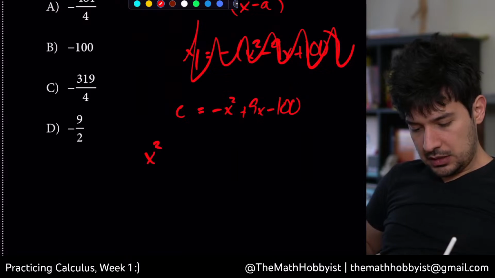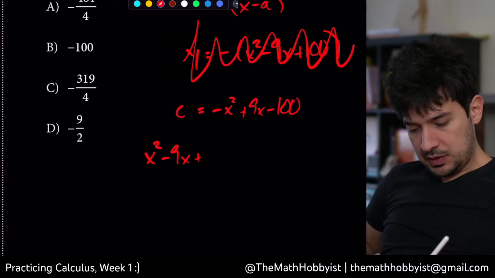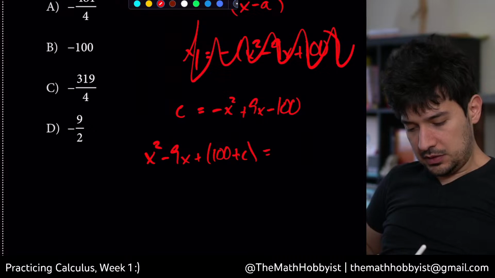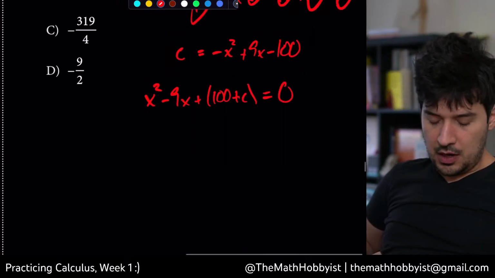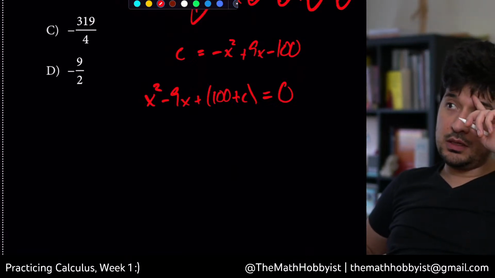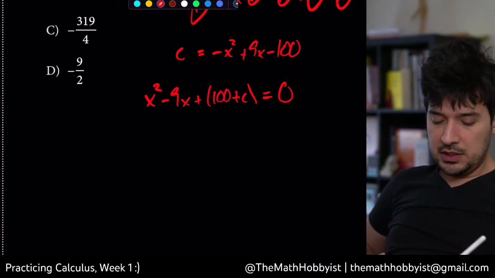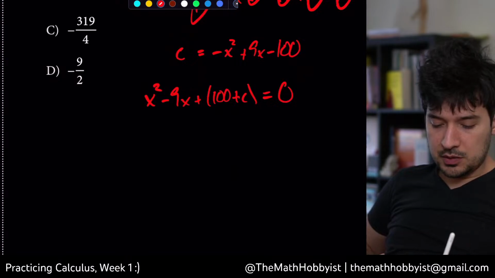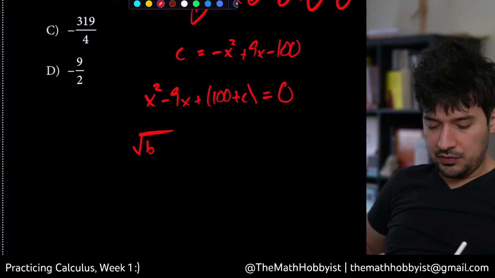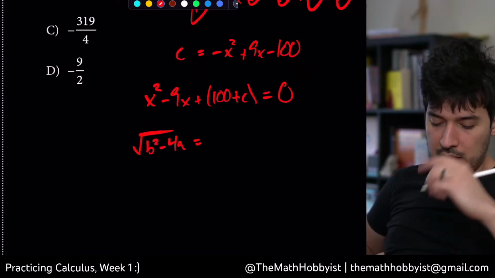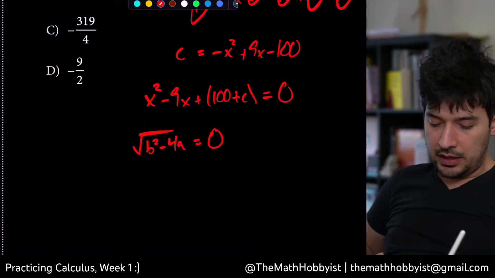x squared minus 9x plus 100 plus c equals 0. Oh, okay, so if this only has one solution, then the discriminant, b squared minus 4ac, equals 0.